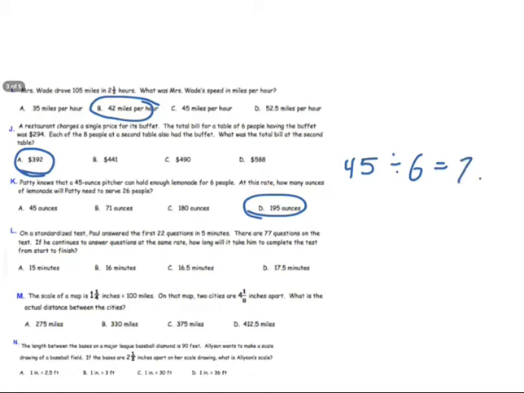So 7.5 ounces. So if I want to feed 26 people, 26 times 7.5 ounces is 195 ounces.